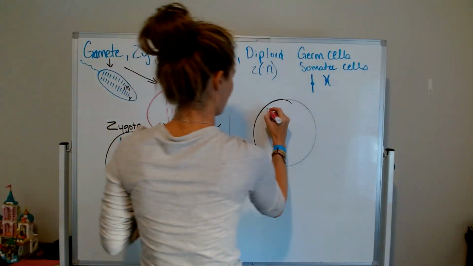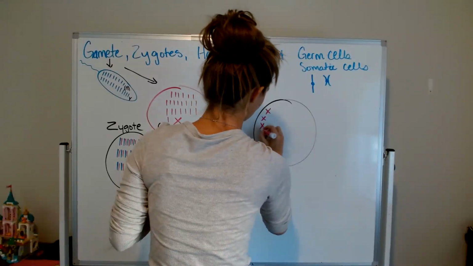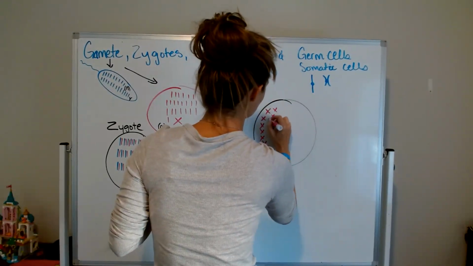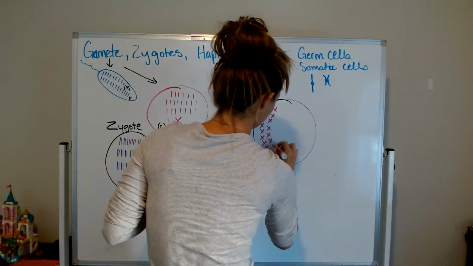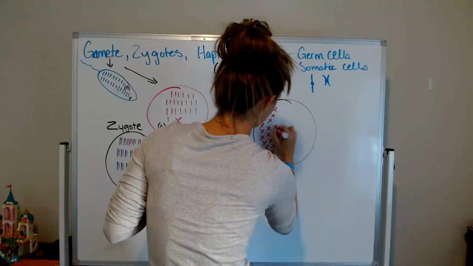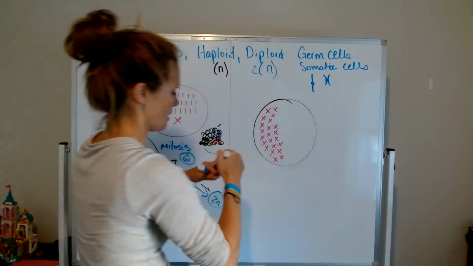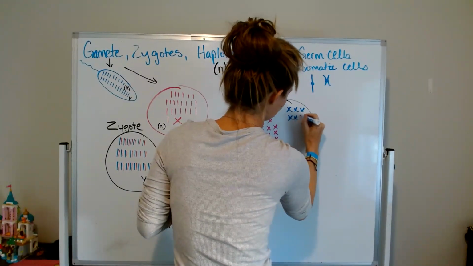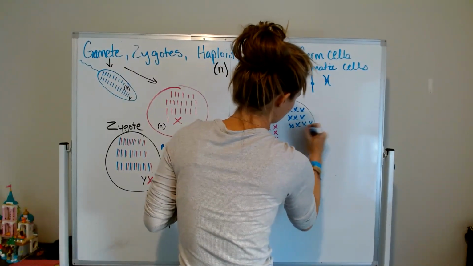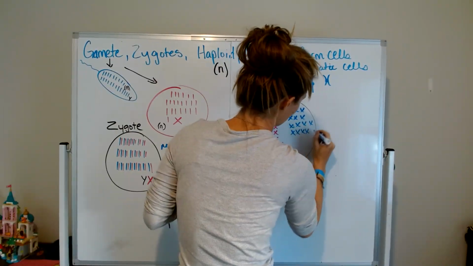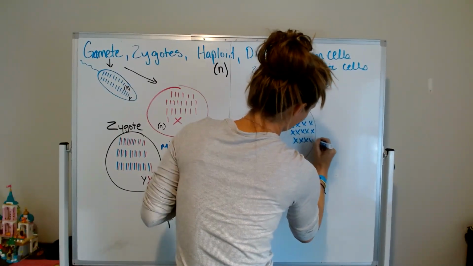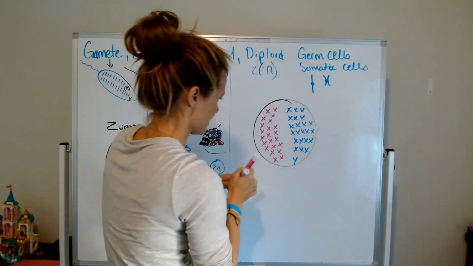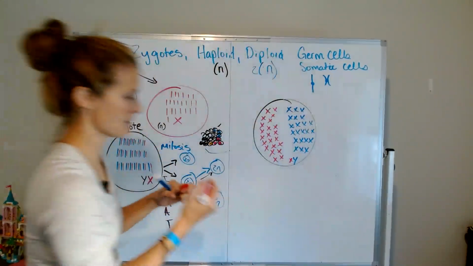So you'll have mom 1, 2, 3, 4, 5, 6, 7, 8, 9, 10, 11, 12, up through 22. Same thing for your dad, 1 through 22. And then we have the Y and the X, right? Okay.